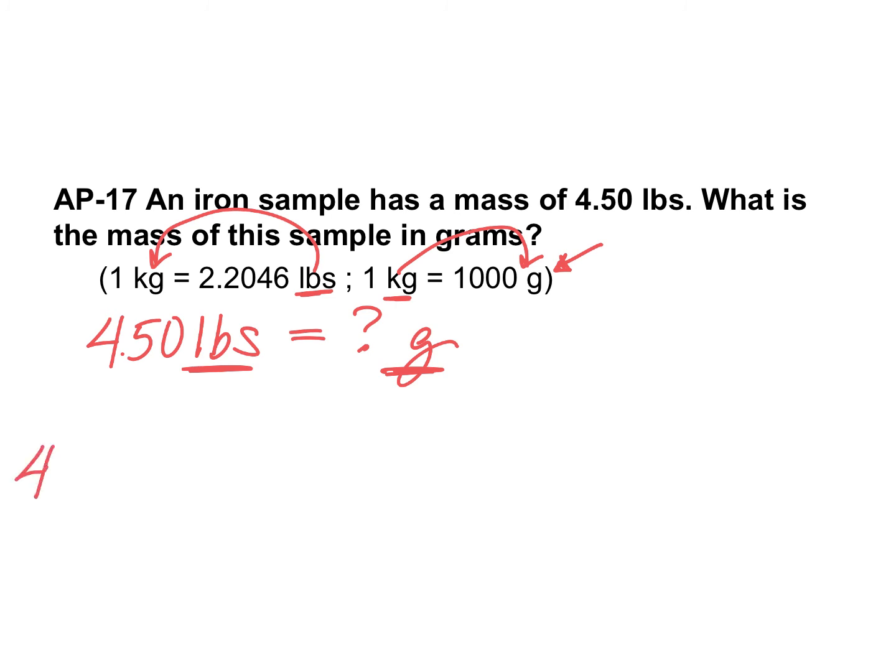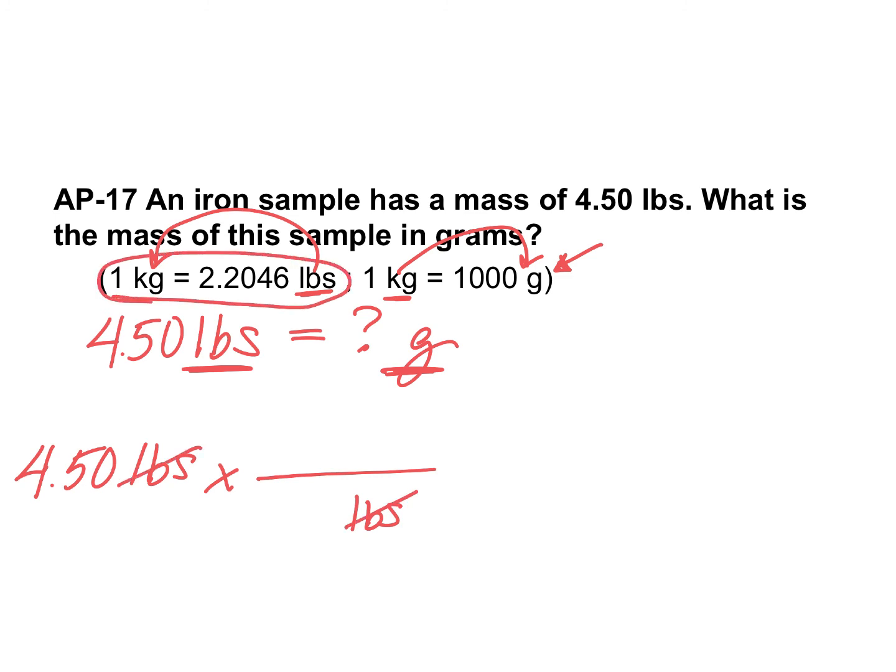So we're going to start with the 4.50 pounds as the known. Then in the first conversion, I know the pounds have to go on the bottom so that they cancel. If I look at my options, this first equivalency is where I have pounds, so that's going to convert me to kilograms on top. So 1 kilogram is 2.2046 pounds.